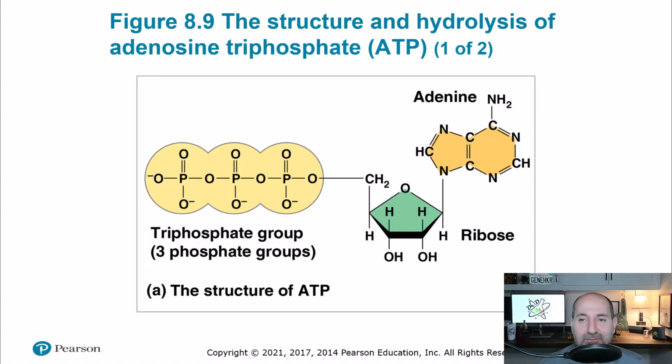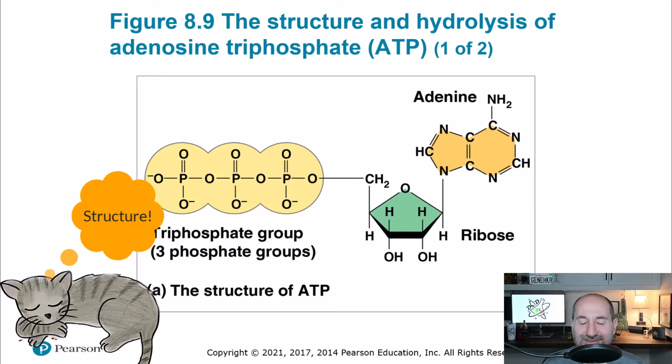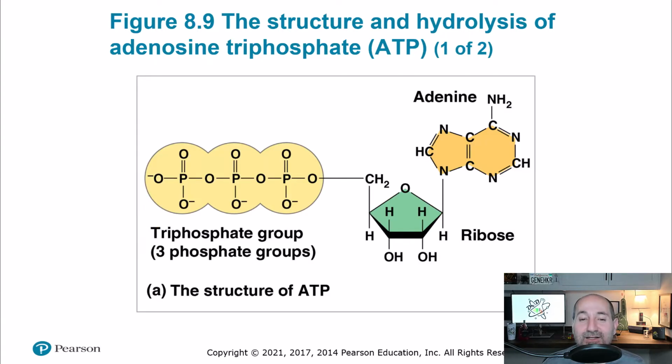Is this molecule, ATP, a type of potential energy because of the location of this molecule or because of the structure of this molecule? What makes it potential energy? That is right, Wicket. This is high potential energy due to its structure, okay? It's the structure of this molecule that gives it high chemical and potential energy. Let me explain why.